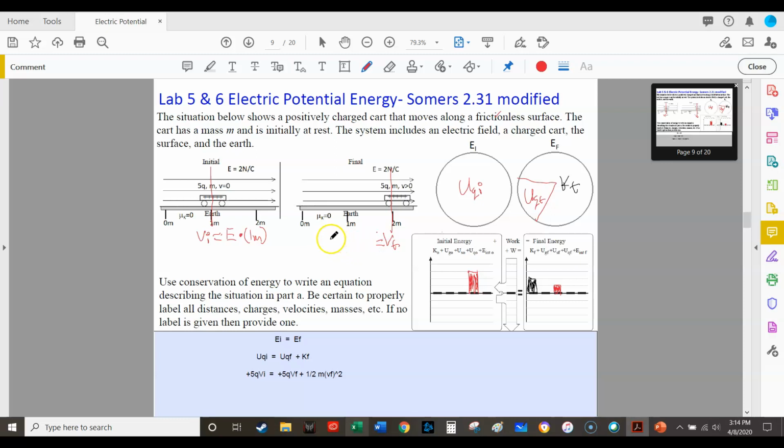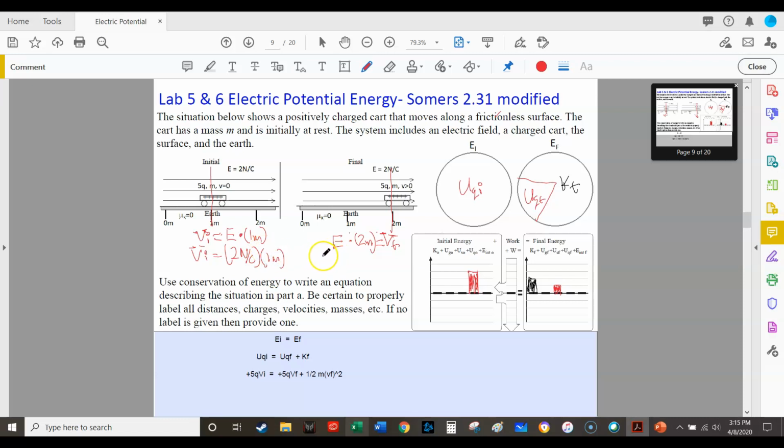In the end, that final voltage is going to be, again, the electric field times the position of the 2 meter mark. And so that initial voltage is going to be equal to 2 newtons per coulomb times 1 meter.